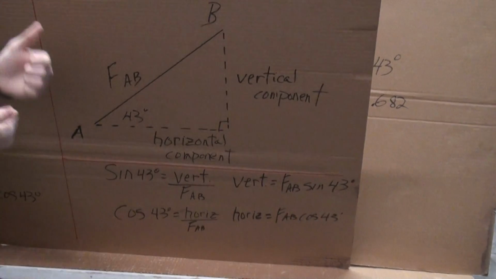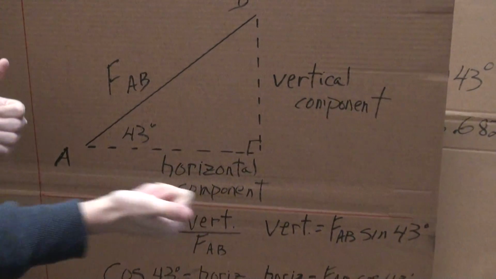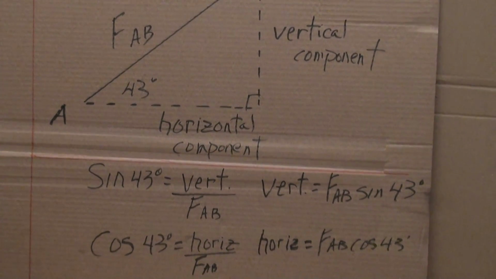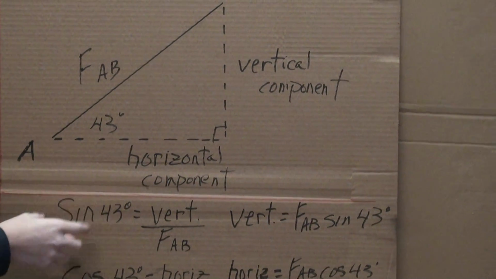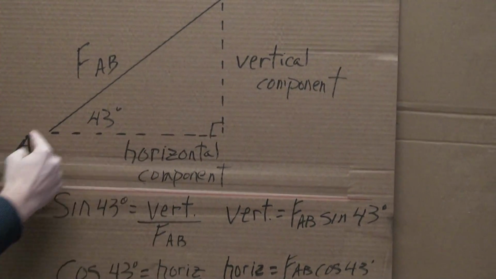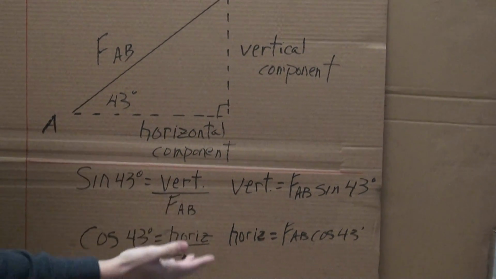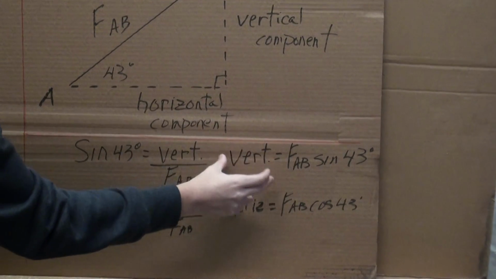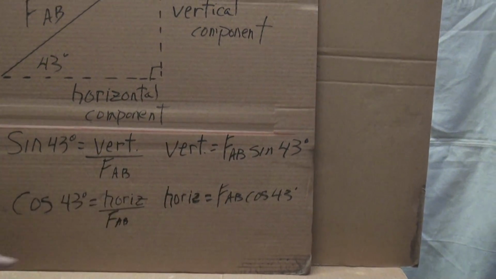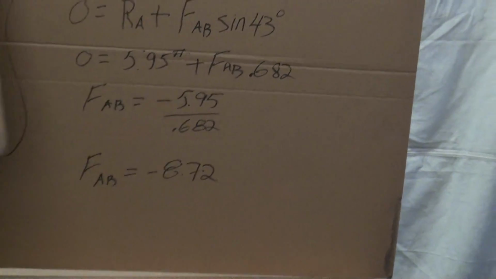It has a bit of force in the upwards direction, a bit of force in the horizontal direction. Good. And we were able to separate that out on the last board by taking sine of 43 degrees is equal to vertical component over hypotenuse, and then with very simple algebra, vertical component is equal to force AB sine of 43 degrees. So that's what we got.